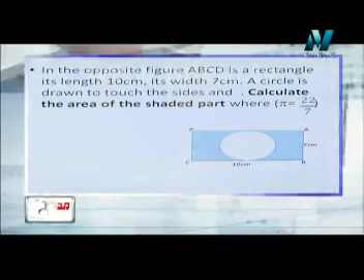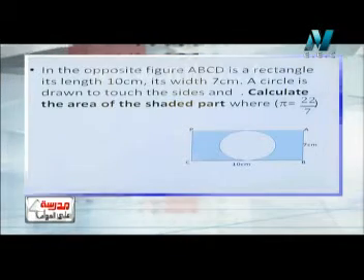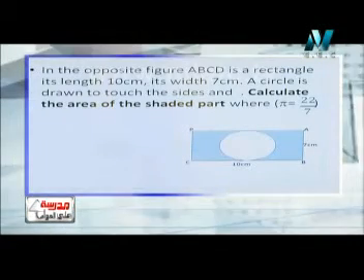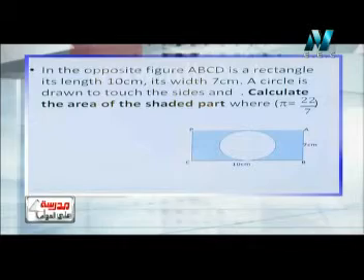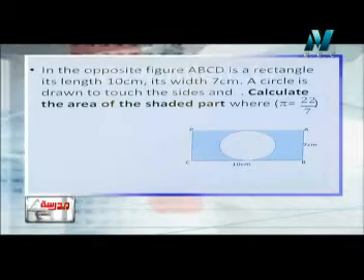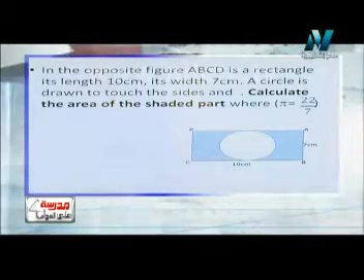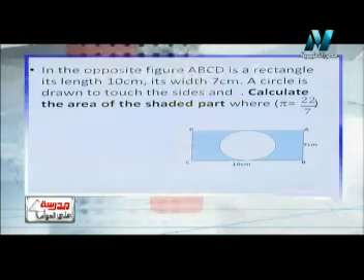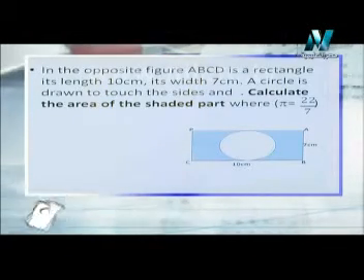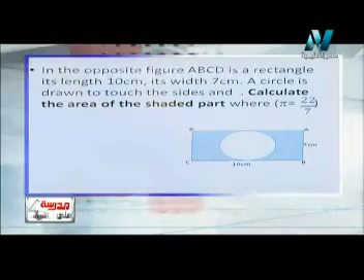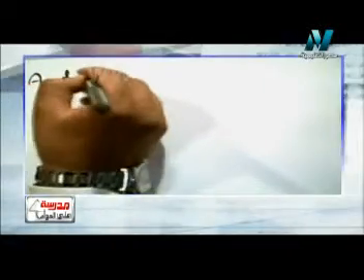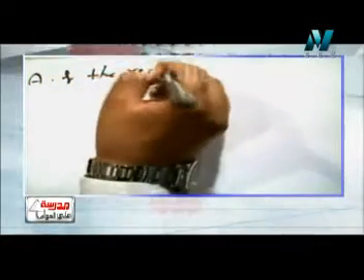Like in this example, ABCD is the whole shape, a rectangle. How to find the shaded shape between a rectangle and circle? Firstly, we will find the area of the rectangle, and we must write the rule of the rectangle.